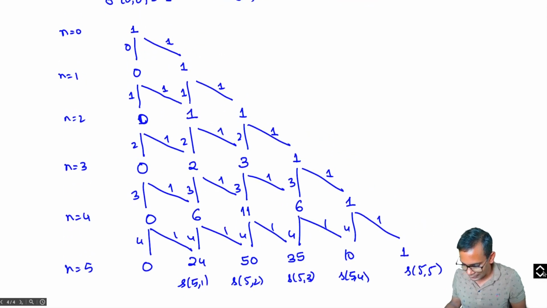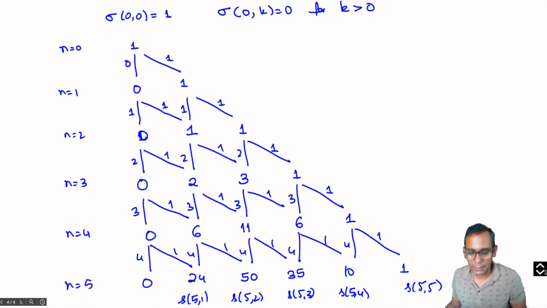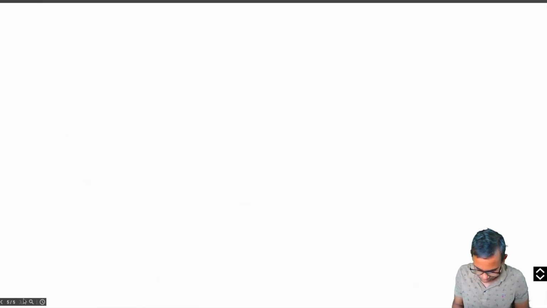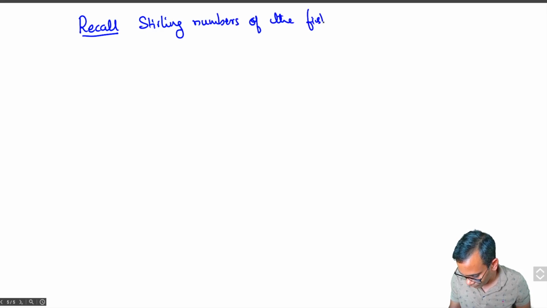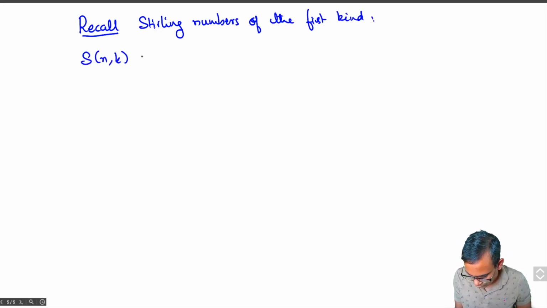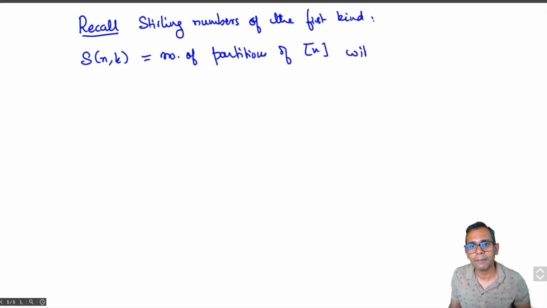You'd seen in the exercises in one of the earlier weeks the Stirling numbers of the second kind. Let me just recall these for you, in case you haven't worked through those exercises. S(n,k) is just the number of set partitions of the set n with k blocks.